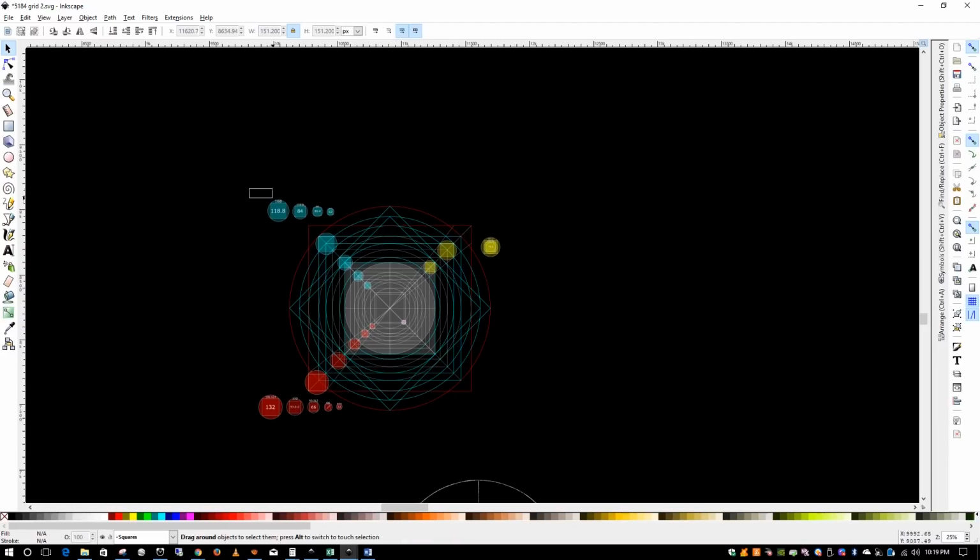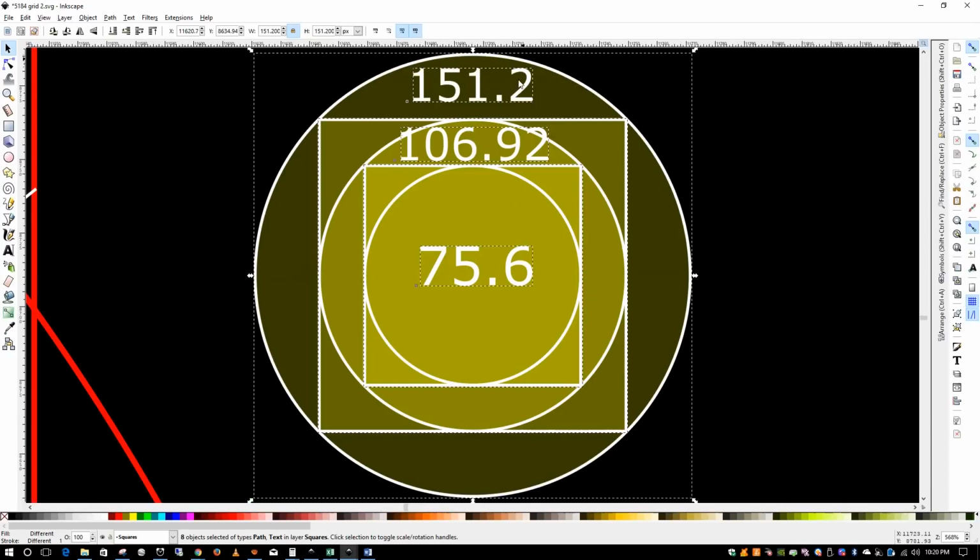As you can see, 1188 is right here, and it's important because it is actually the size of one of the circles. But it turns out that 1188 is actually 10% larger than the 1069.92 value, which is the side length of the Great Pyramid times the square root of 2.